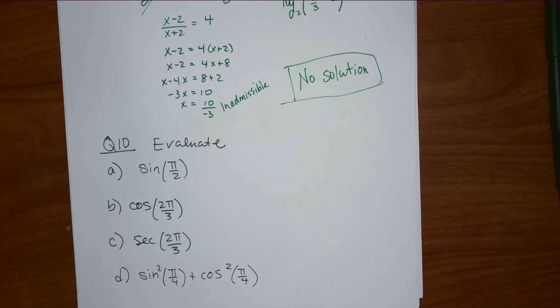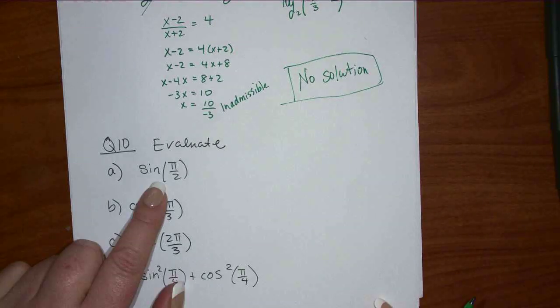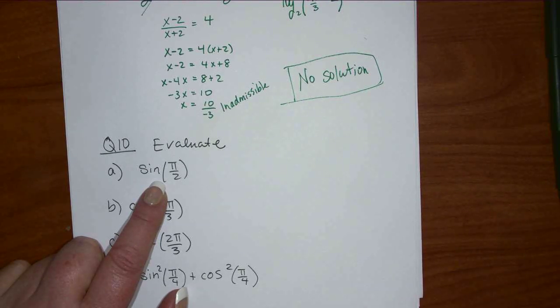Or if it's memorized, like sine of pi over 2 is just one of the ones we know, which is what? 1. It is 1, right. Now, even if you didn't write your table, you can think about that, because sine of 0 is what? 0. That's where we start our table, 0, 1, 0, 1 for sine, and it's the next one, right?